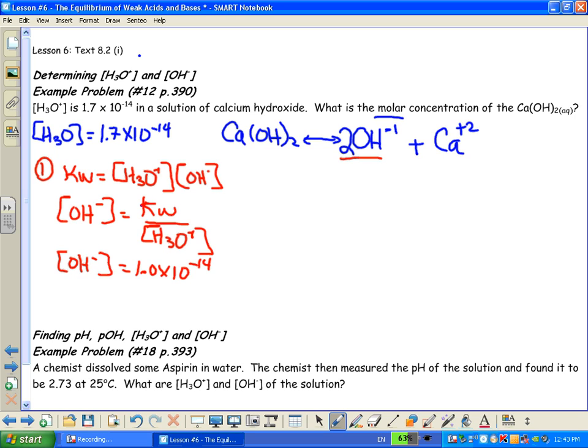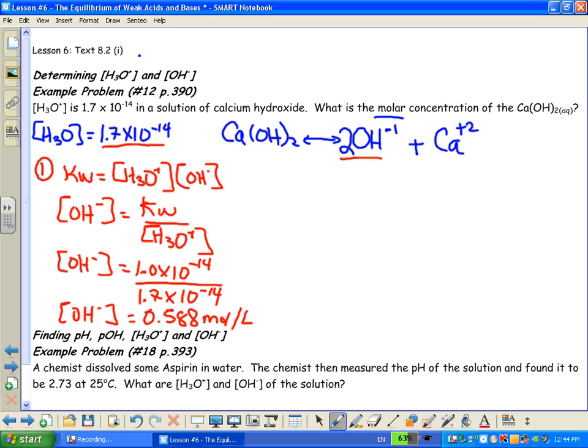This is in your note if you don't understand where I'm getting this number from. The hydronium ions were given in the question, so we have written it out here, is 1.7 times 10 to the -14. If you put that into your calculator, you end up with a hydroxide concentration of 0.588 moles per liter.